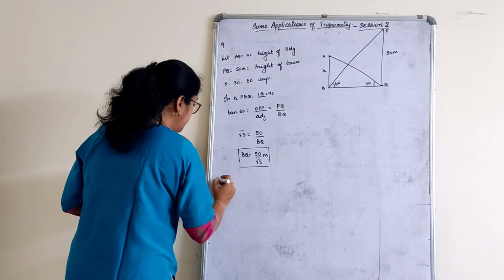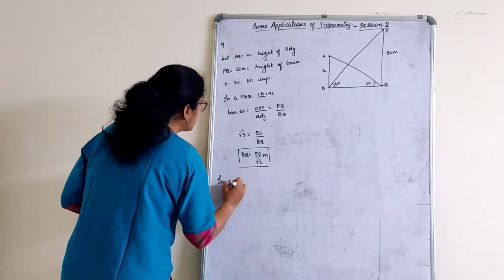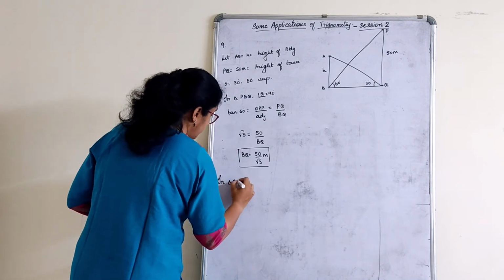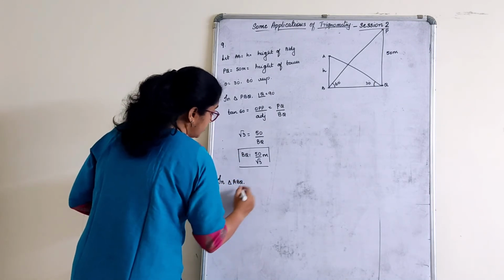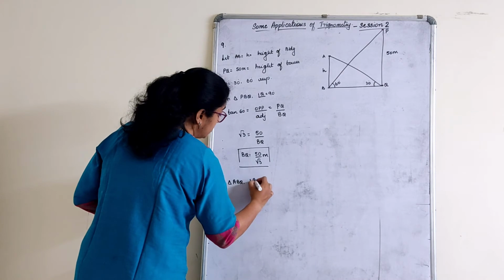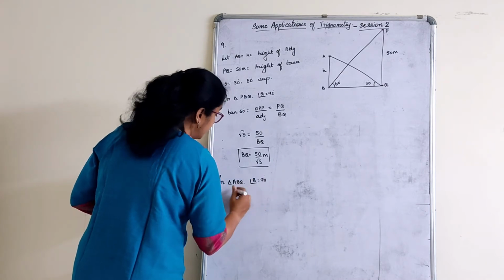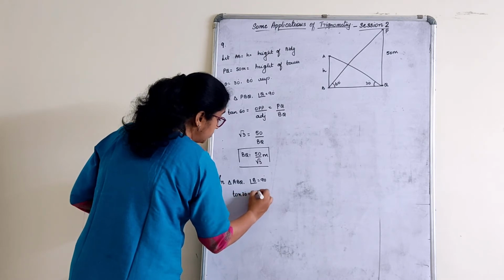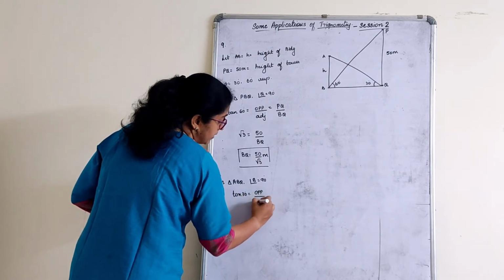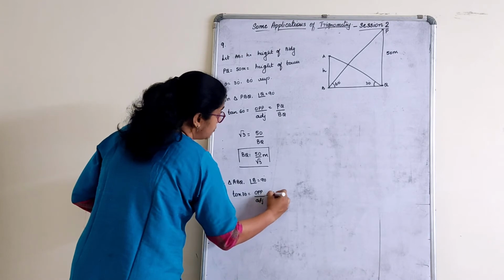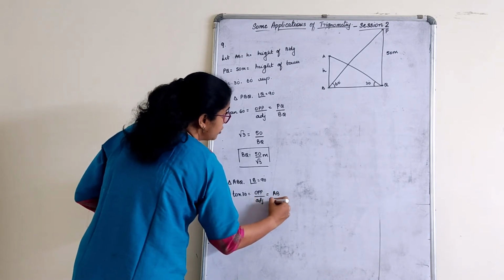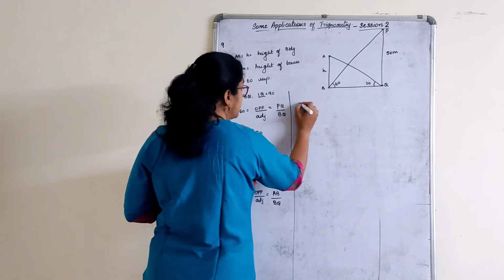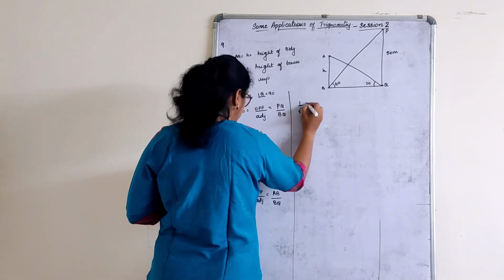Choose the next triangle. In triangle ABQ, angle B is equal to 90 degree. Tan 30 is equal to opposite by adjacent, where opposite is AB and adjacent is BQ. Tan 30 is 1 by root 3.